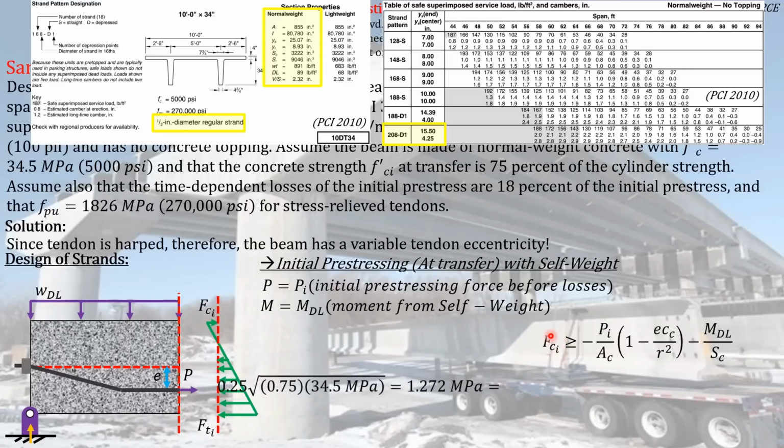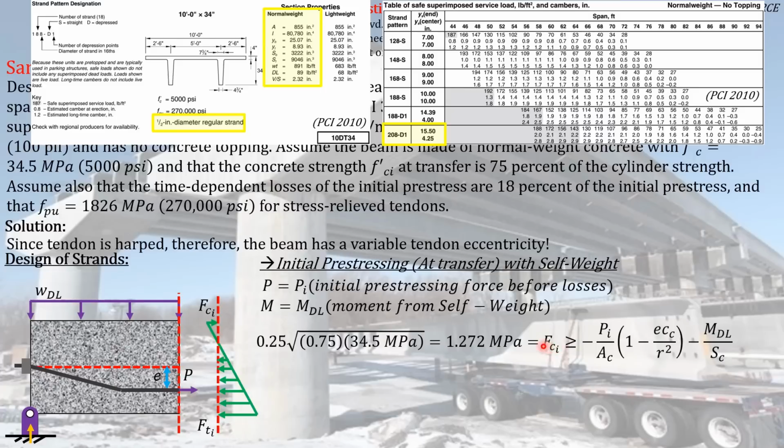So substituting the allowable stress specified by the code, we already computed this magnitude a while ago. So we already computed that limiting or allowable stress at transfer with respect to the tensile stress that will act on the concrete element, which is equal to 1.272 megapascal.